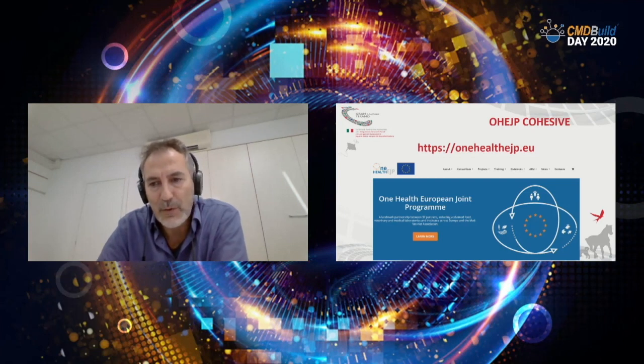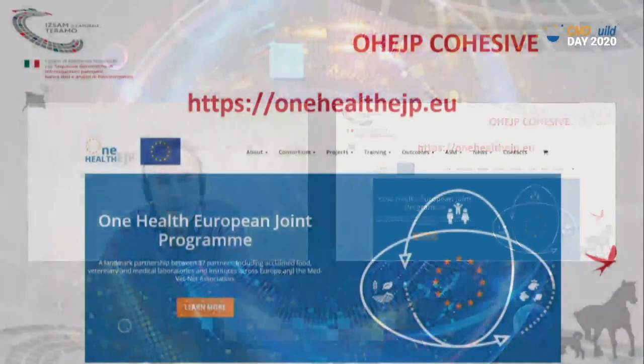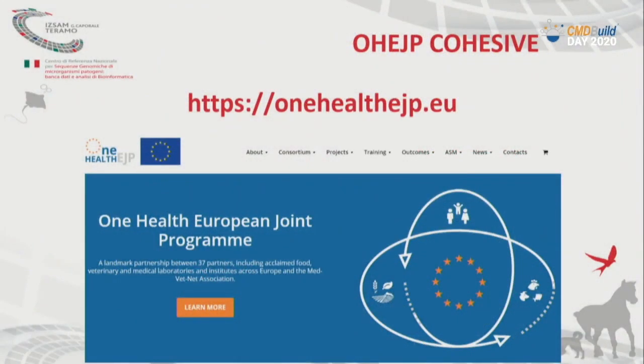A word or two on One Health: One Health means studying human sickness, the patients, together with the animals and the environment, because all this information together leads to better surveillance, so as to reduce the number of sick patients.